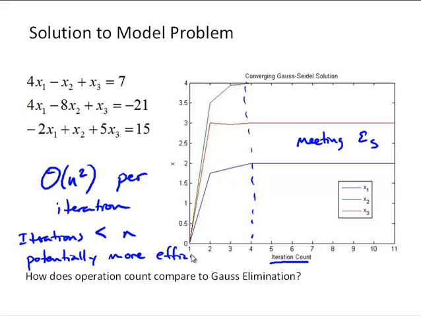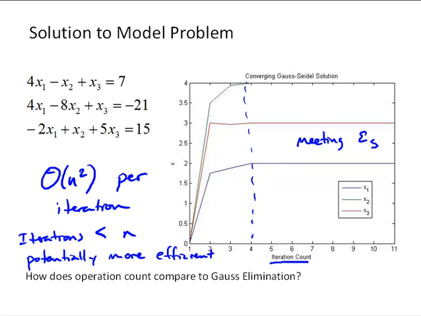For this 3x3 system, it's less efficient because we have 11 iterations on a 3x3 system, so it's more than 3 cubed. It's actually 3 squared times 11. But say we had a 20x20 system, and if it was able to converge in 10, 11 iterations, we'd be in better shape. That's something that you can't really know in advance, how fast it's going to converge, so you can do it with trial and error. The main thing that the Gauss-Seidel iteration is addressing, though, is the round-off error concern.